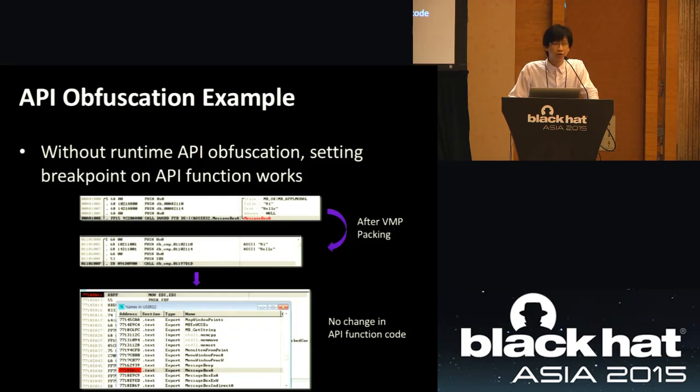When we set a breakpoint on the API function, we can eventually reach the API function itself, so we can analyze it more easily. And the code never changes during runtime.